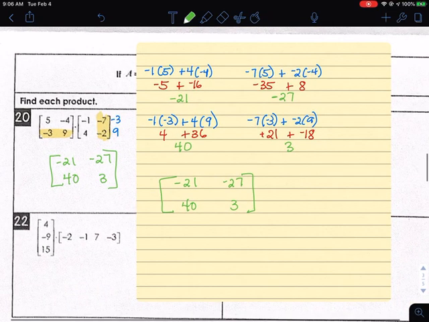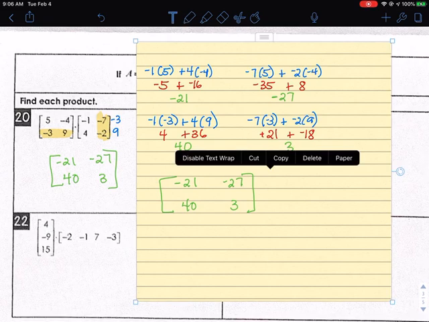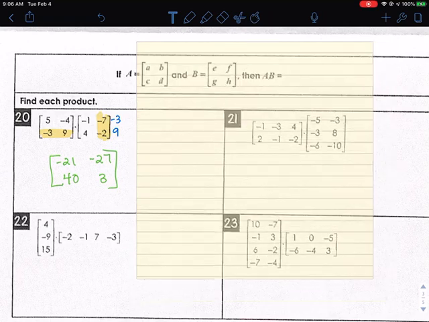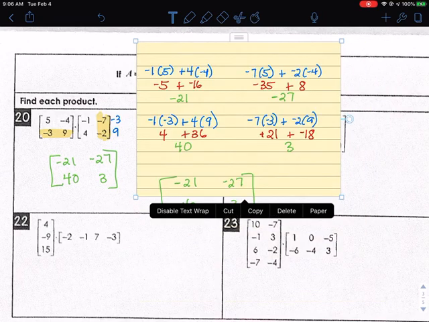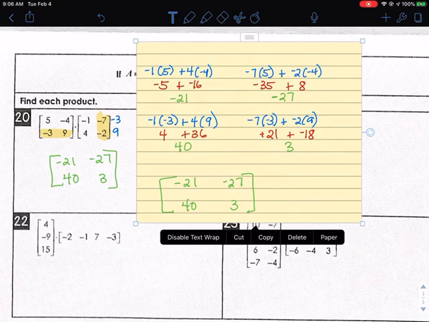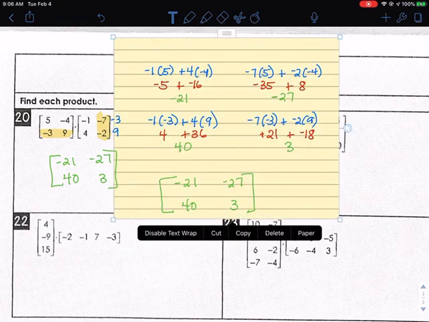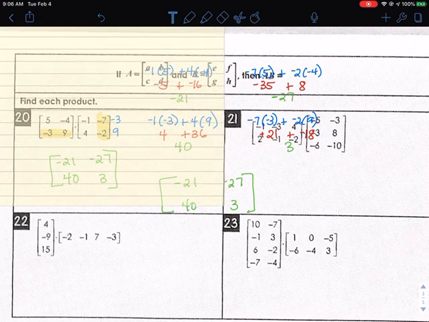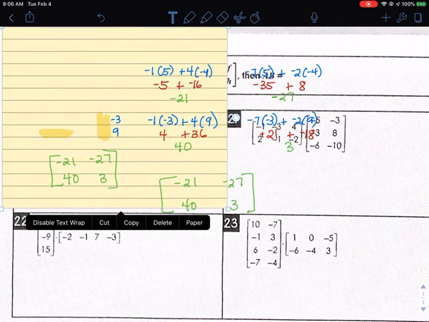All right, so now let's see. That's about as small as I can make it. I'm going to put it over here on top of problem 21. Oh, evidently my work didn't go too.